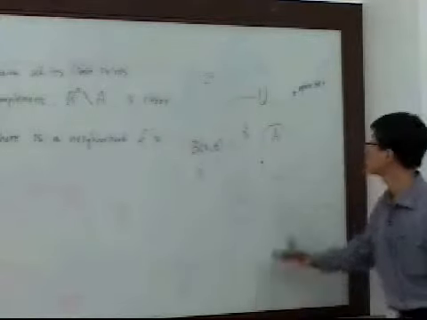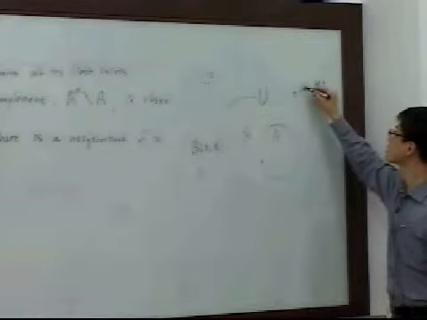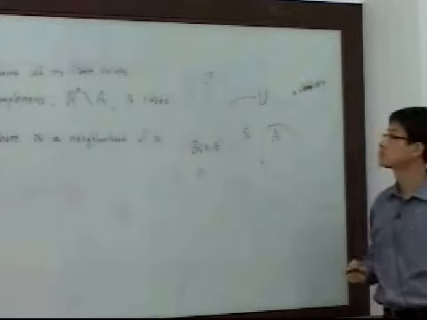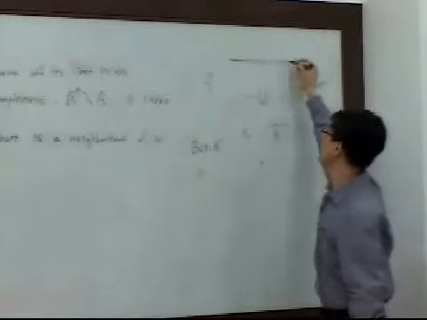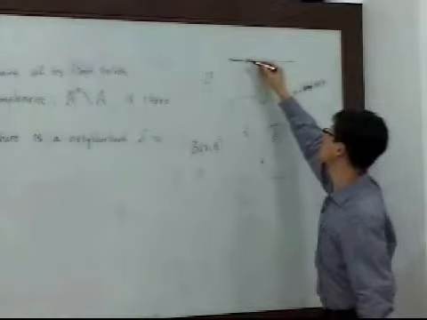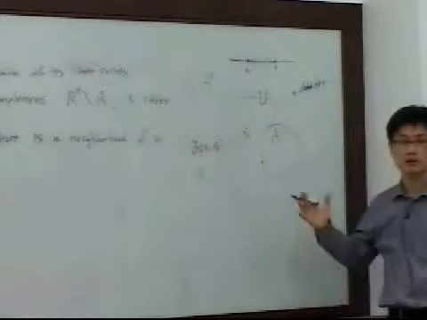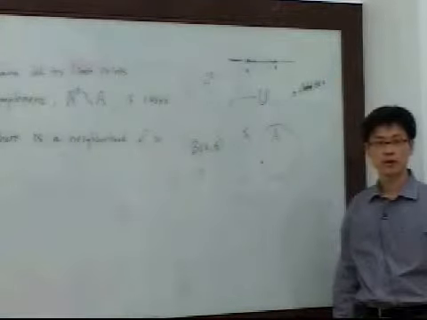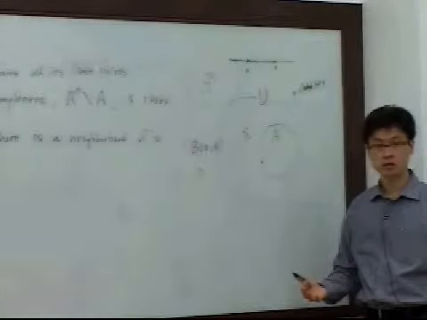Okay, simple one first. Let's say this is a closed set. It is easier than 0 to 1. Closed set. Is 0 interior of A? Really?